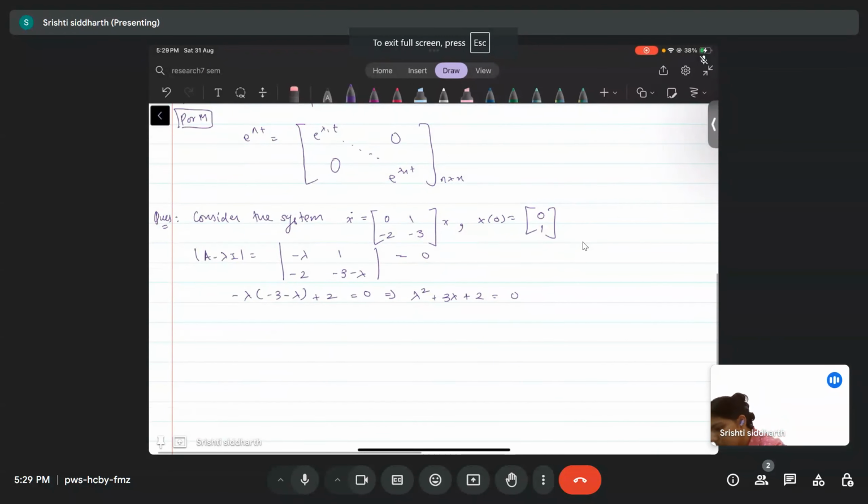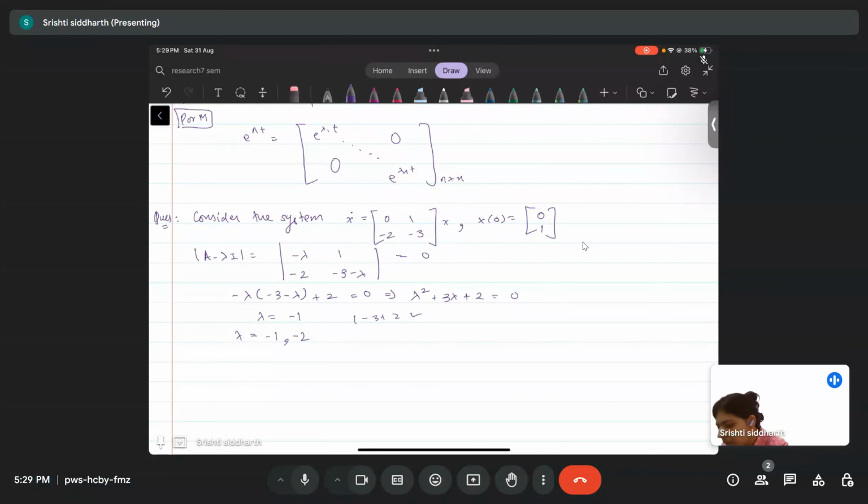Okay, so the eigenvalues are therefore, one of them is minus 1, and the other one is minus 2. So the eigenvalues are minus 1 and minus 2.